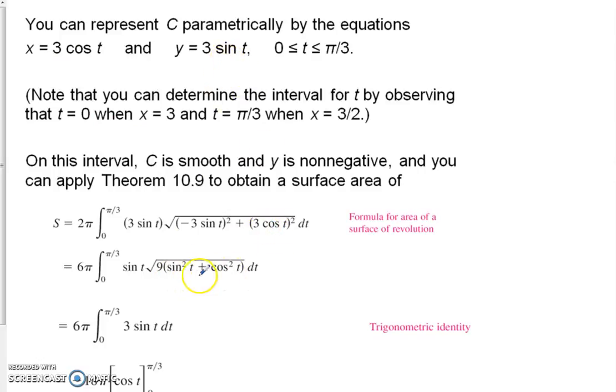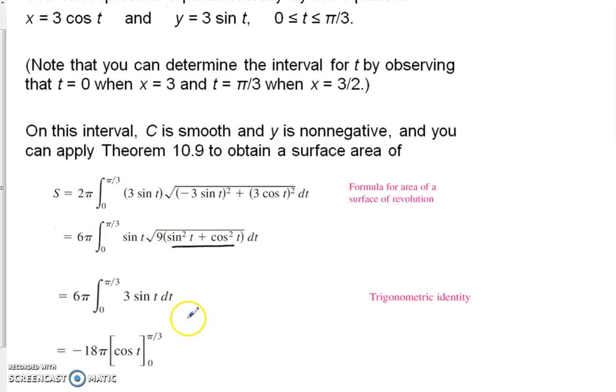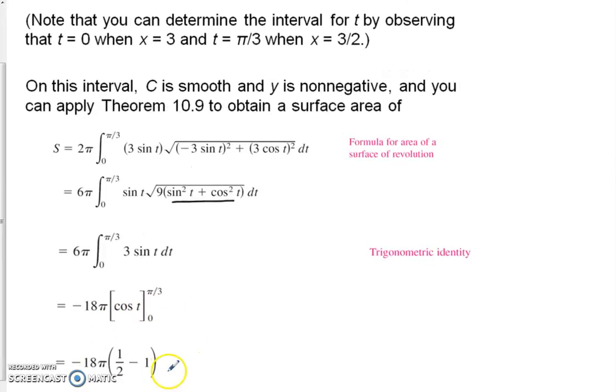And look how nice that works out here. We know that this is equal to 1. The square root of 9 times 1 is simply 3. So we get this integral at the bottom, negative 18 pi times cosine t, which results in simply this answer here. And of course, that would be in square units.